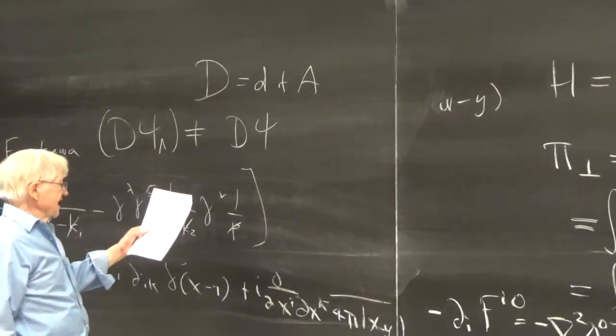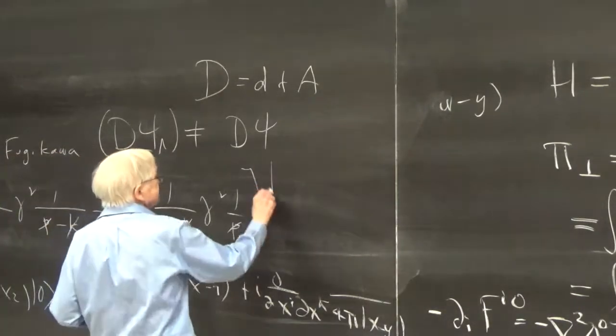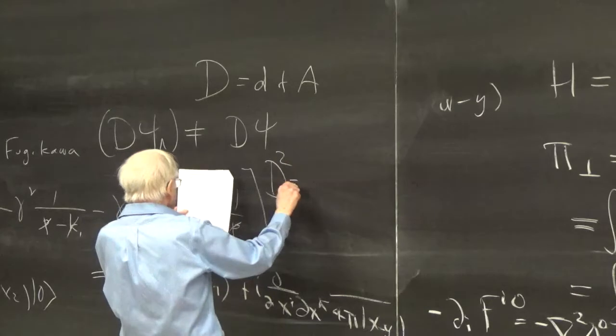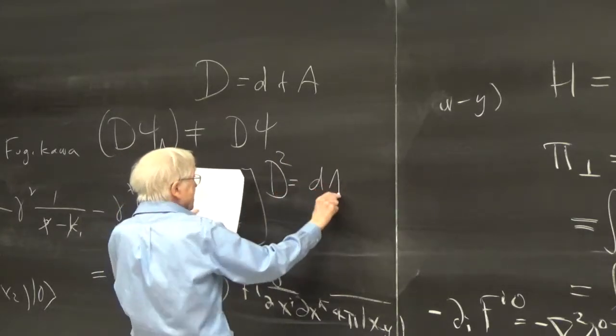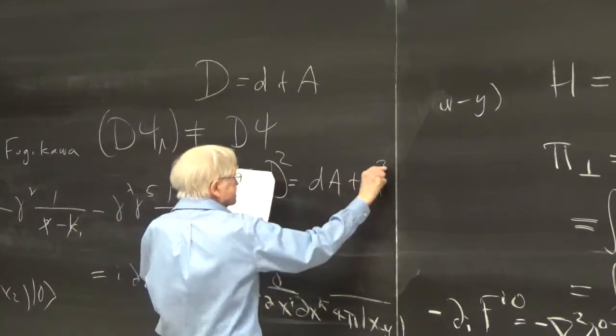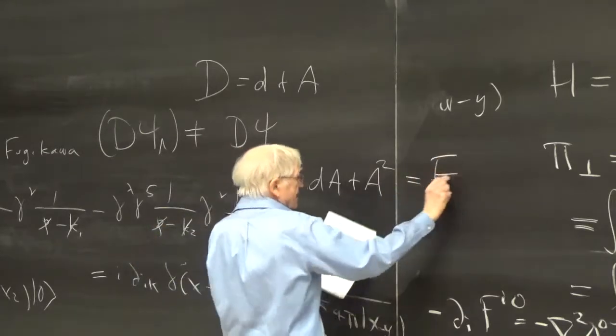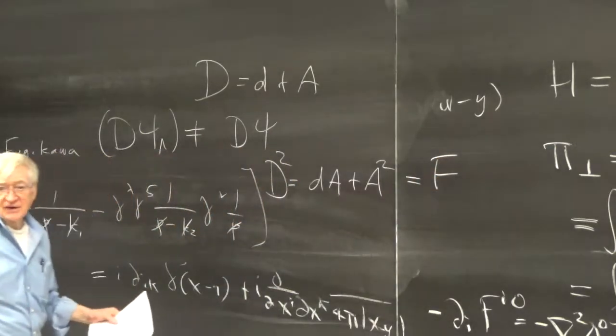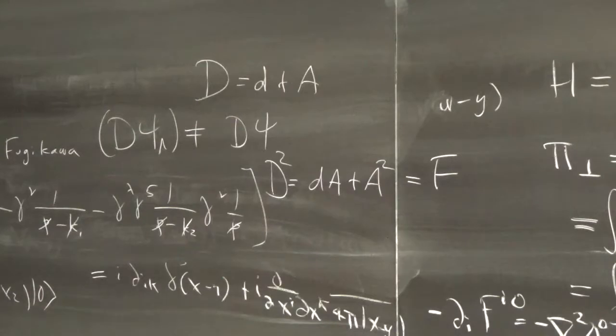And the nice thing is that D squared turns out to be dA plus A squared, and this is another expression for F, the Faraday 2 form. You guys had that in your seminar? Okay, yeah, all right. Okay, so I'll skip that.